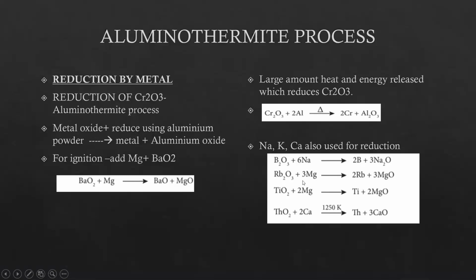Rubidium oxide reacts with magnesium to give rubidium and magnesium oxide. Titanium dioxide reacts with magnesium to give titanium and magnesium oxide. Thorium dioxide reacts with calcium at 1250 Kelvin to give thorium and calcium oxide.